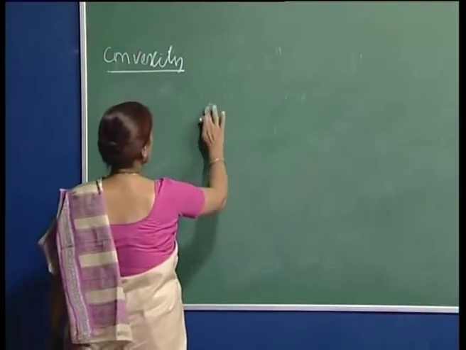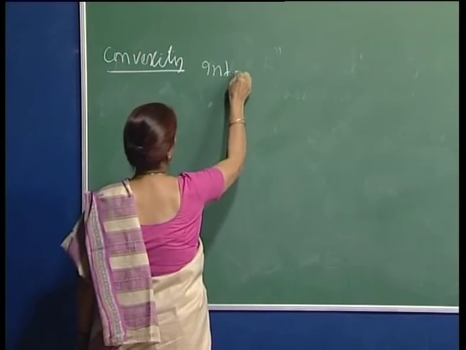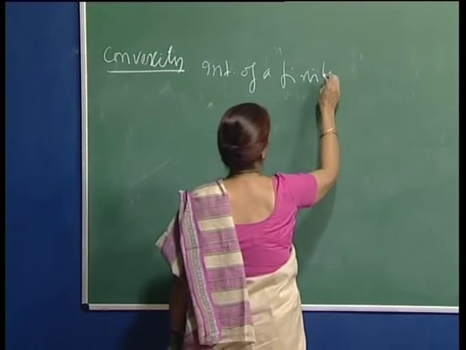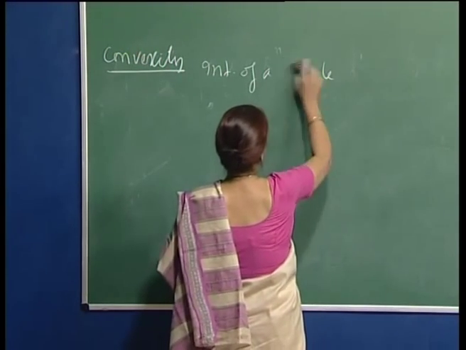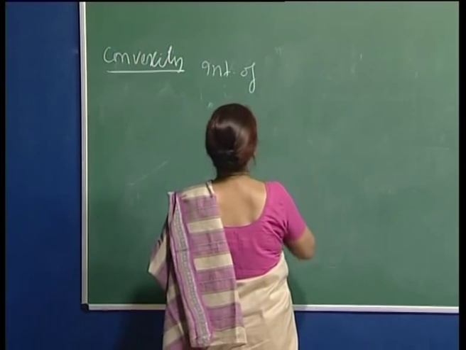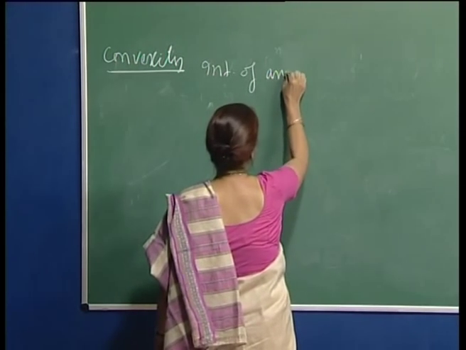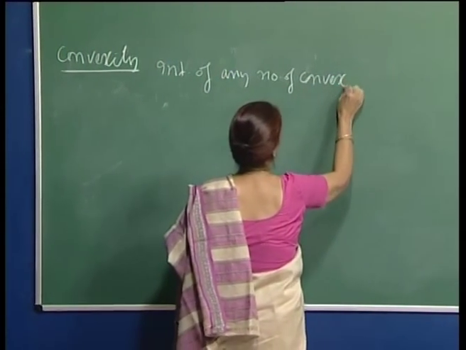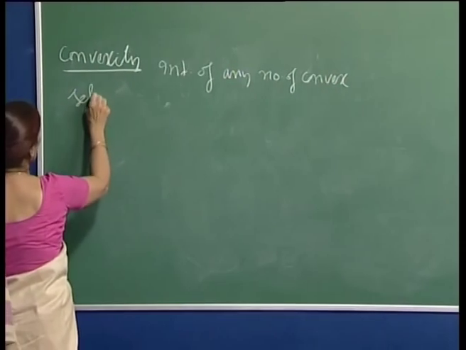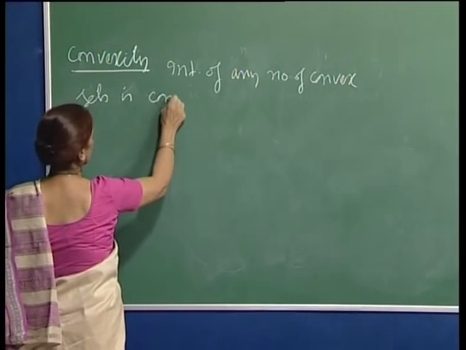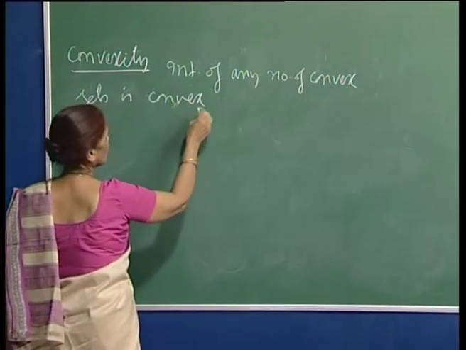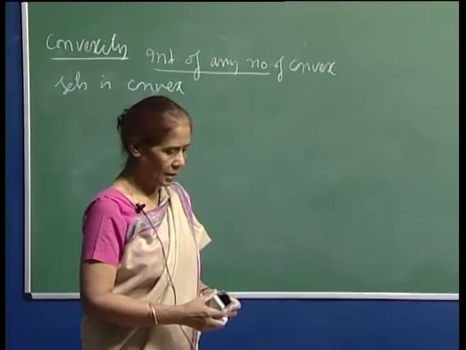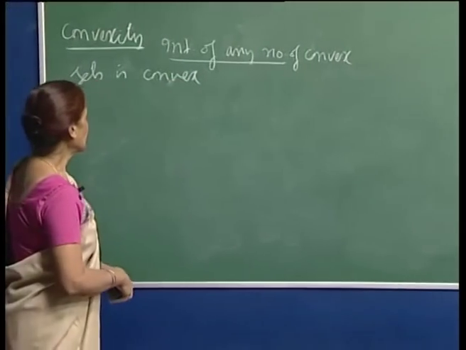Now, you can also say that the intersection of any number of convex sets is convex. Using the definition, you can immediately prove it.